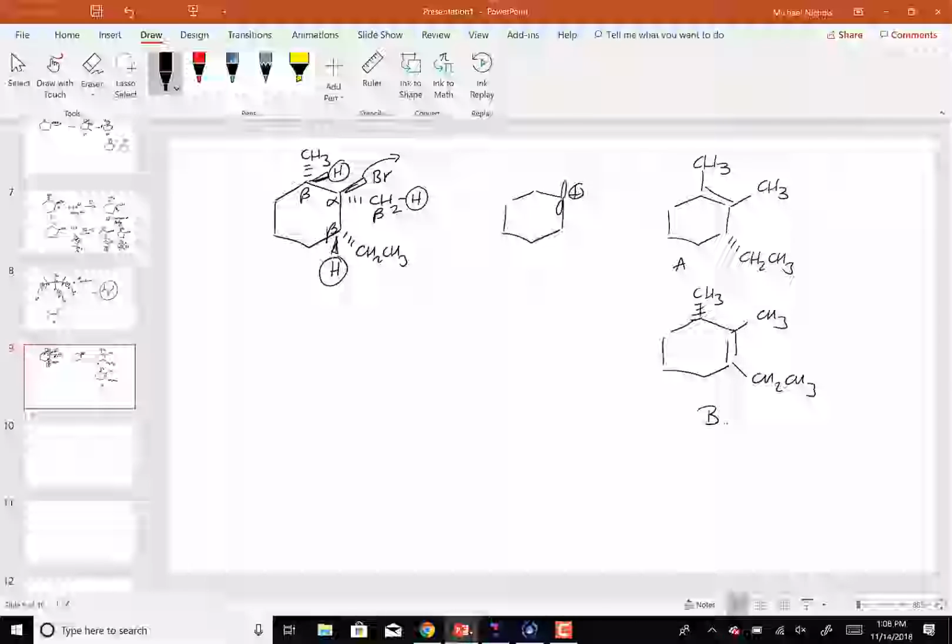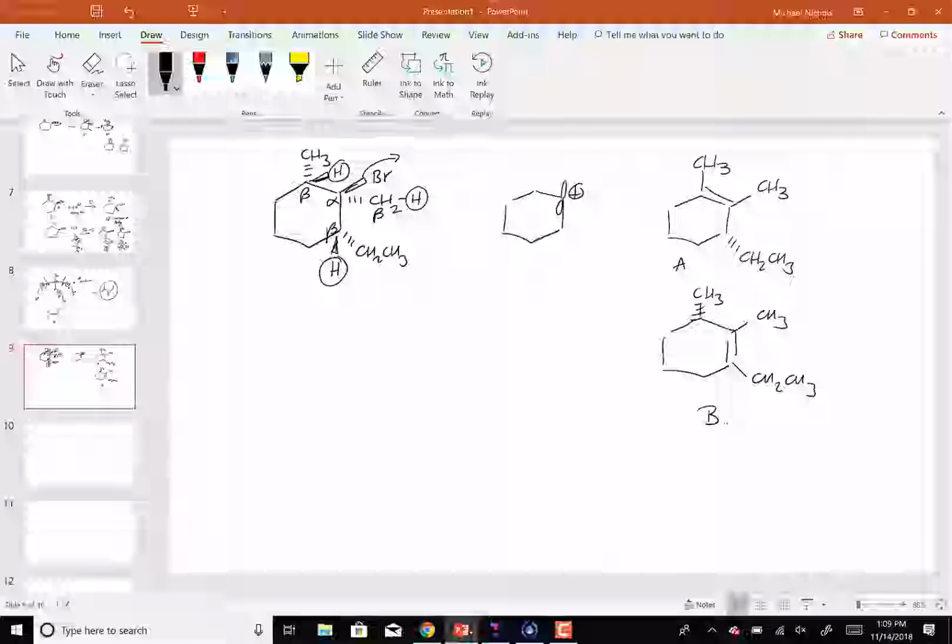So we have to keep that in mind. When I go to E1, there's no more stereochemistry. Stereochemistry doesn't matter. If it's got a beta hydrogen, it can be lost. What product am I going to form? The most stable product. And in this case, there's two most stable products.